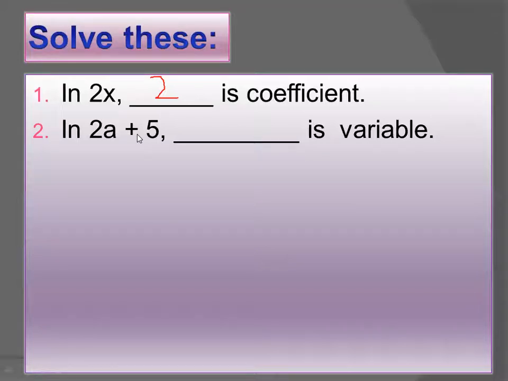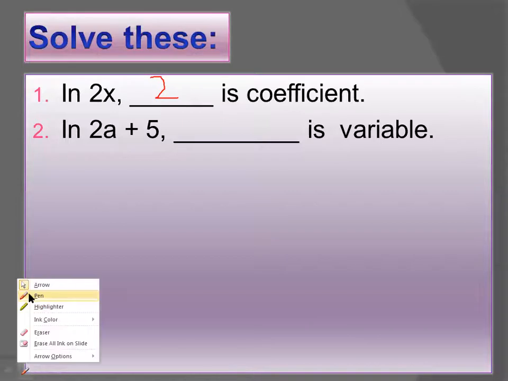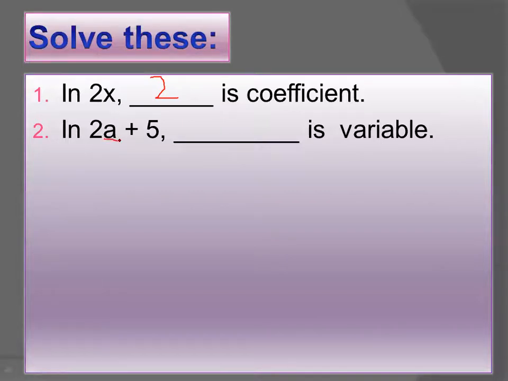All of you who are typing the answers are absolutely right, except Hamza and Jum, I guess. The variable here is the alphabet, or you can say the letter A. So A is the variable here. The correct answer is A.